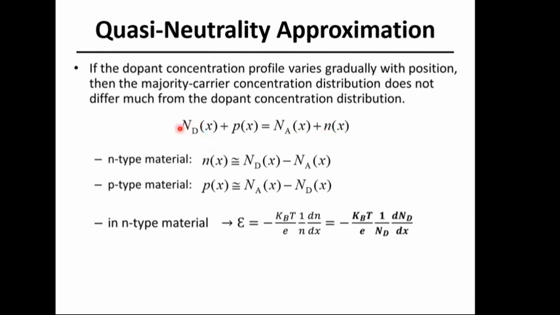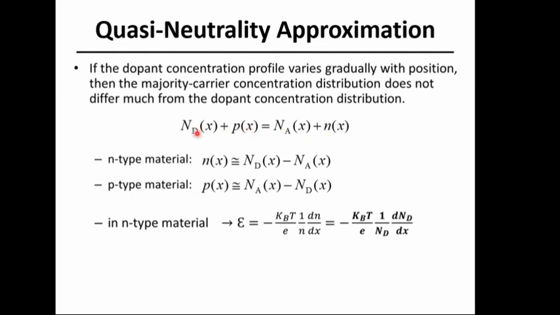We're saying that if I have a material, then the density of the doping material, due to the donor atom, so the donor density plus the holes, equals the acceptor plus the electron.